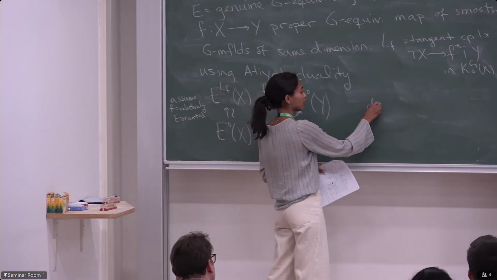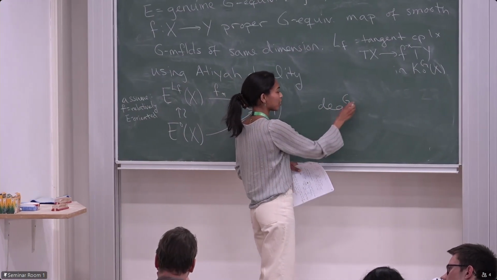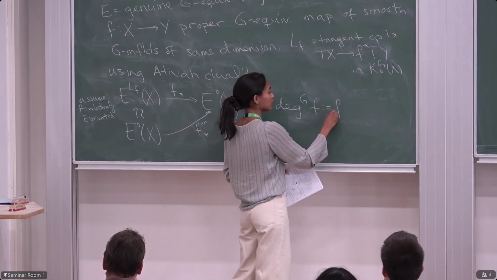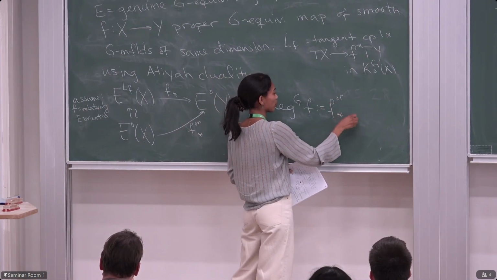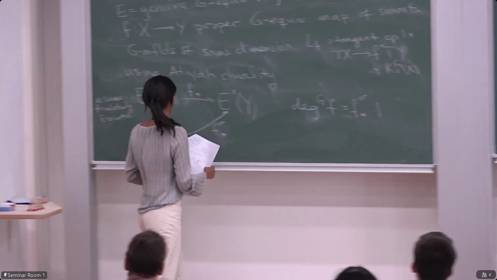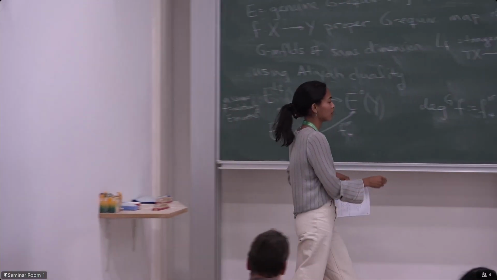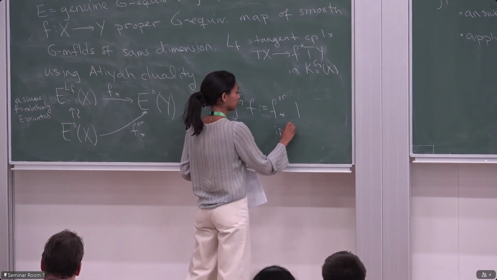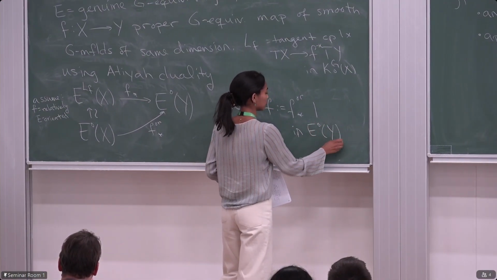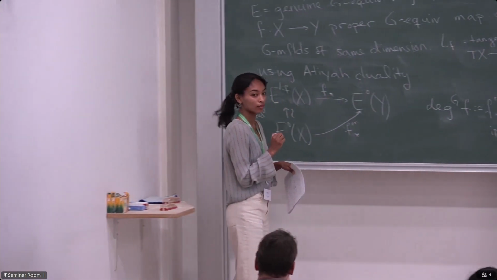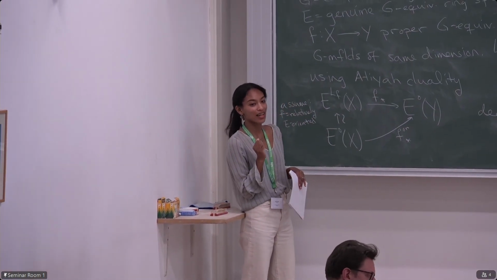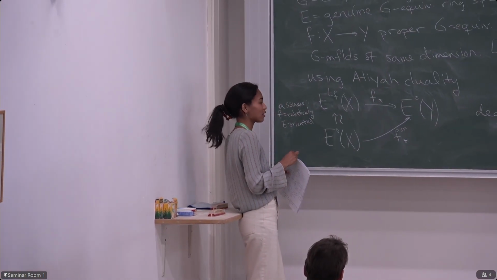And we can define the degree of f to be this oriented push forward of 1. E is a ring, so there's a 1. Those are all equivariant homotopy. Yes, thanks. Exactly.